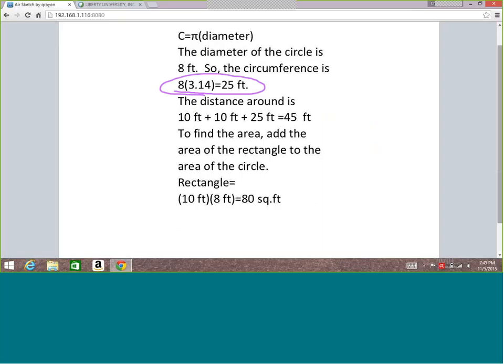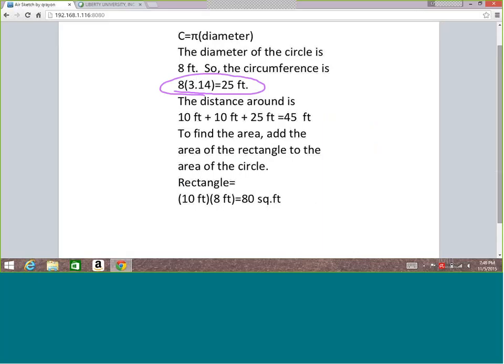Now I want to mention something about the 3.14 real quick. In my math lab, if the directions tell you to use 3.14 for pi and you don't, instead let's say you push the pi button on your calculator, you might get the wrong answer because the pi button is not exactly 3.14. It's actually more accurate for pi because it goes past the 4.